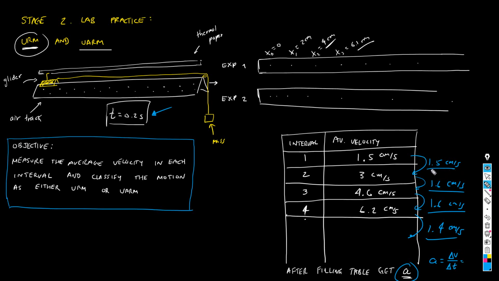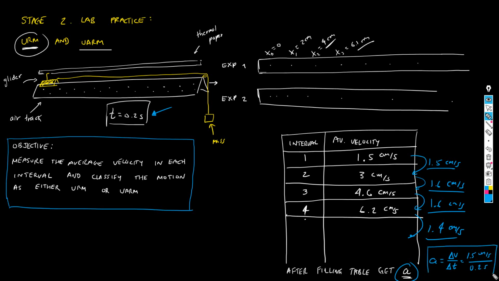The change of velocity on average is 1.5 centimeters per second, and the change in time is 0.2 seconds. You divide this over this, and therefore you will be calculating the acceleration for this second experiment.